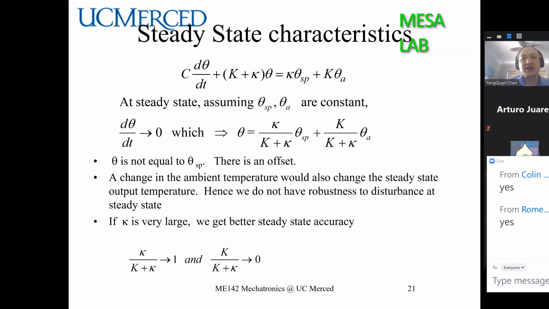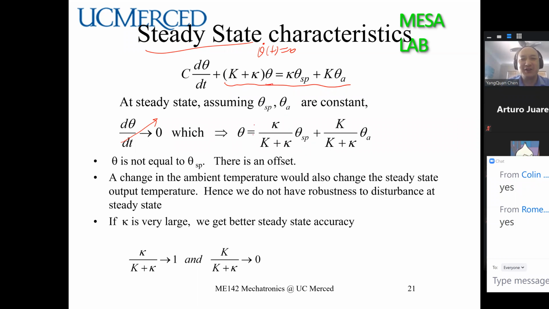By doing that, there's a way to find the steady state characteristic. So first of all, when we say steady state, it means everything is settled. So the derivative will be 0 in the steady state. Make sense? So in the steady state, this guy is 0. Then we just leave these terms alone.